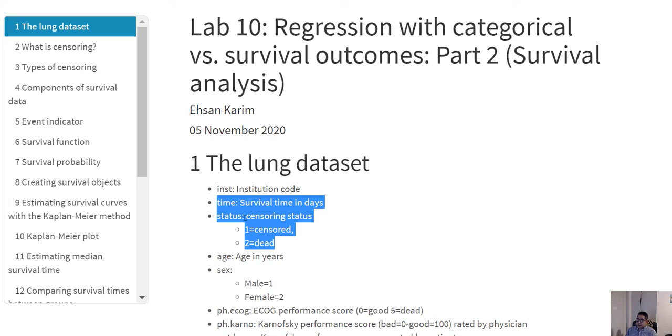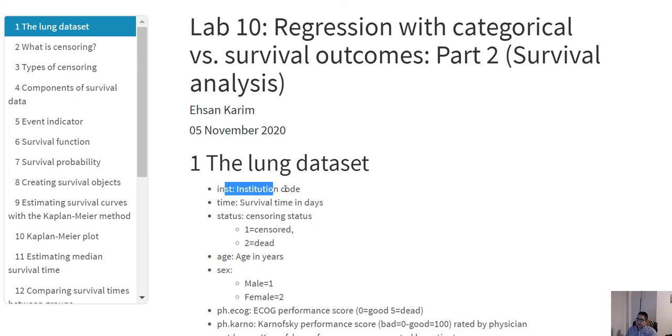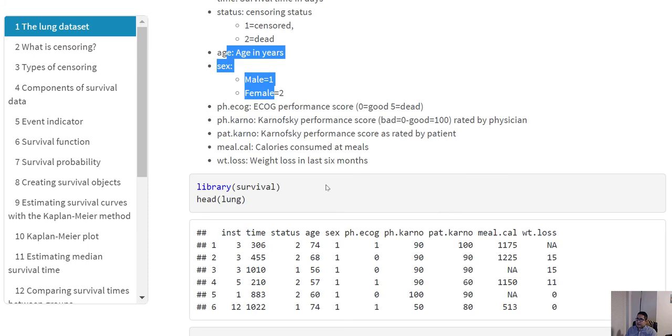We have the status, which is basically the censoring status, where 1 equals censored and 2 equals death or the event. And there are some other covariates in this particular analysis. If you take a look at the head of the lung dataset, you can see the covariate values. This is the survival time, this is the status, and these are all of the other covariate values.